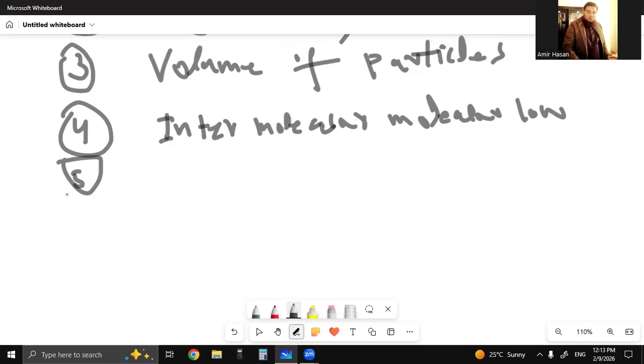When these particles collide, there is no loss of energy. It means the motion is elastic. When molecules of gases collide with each other, there is no loss of energy.